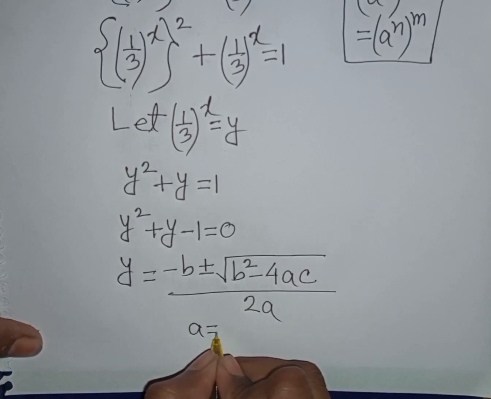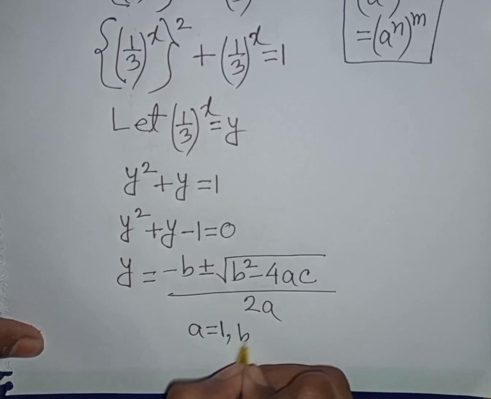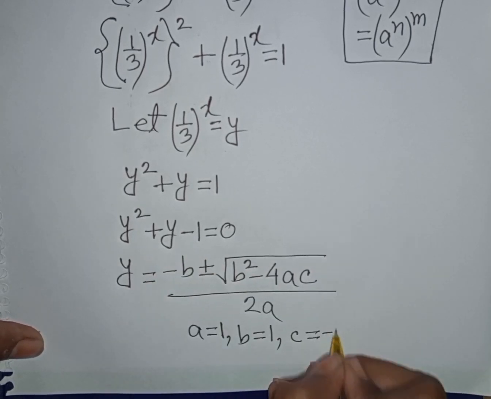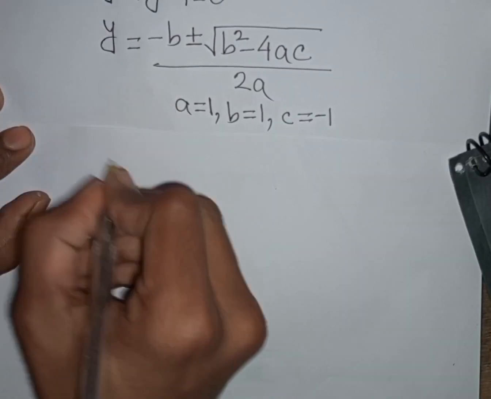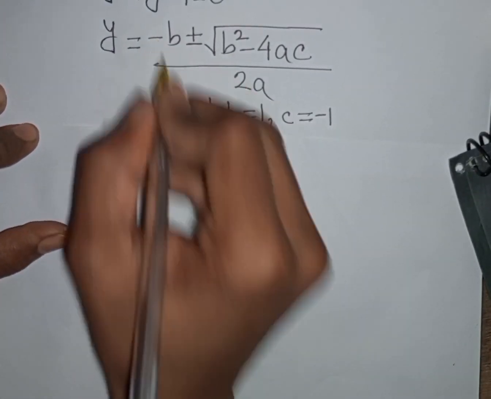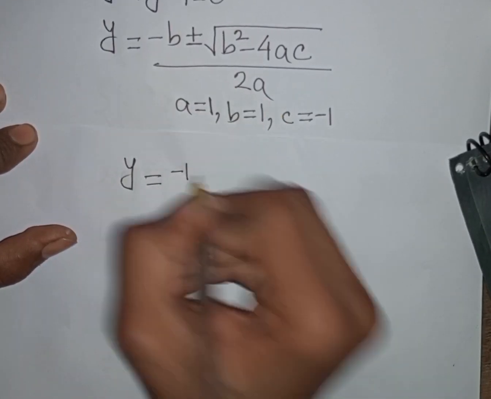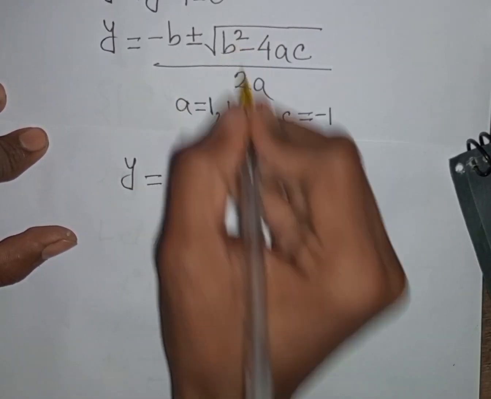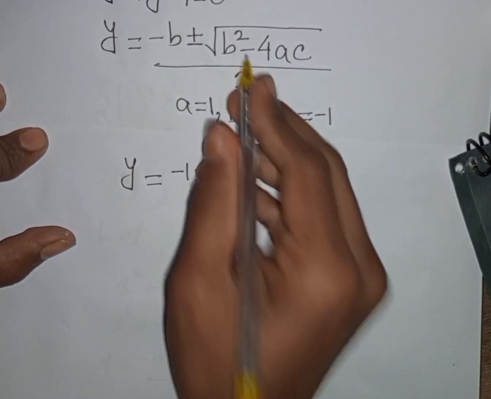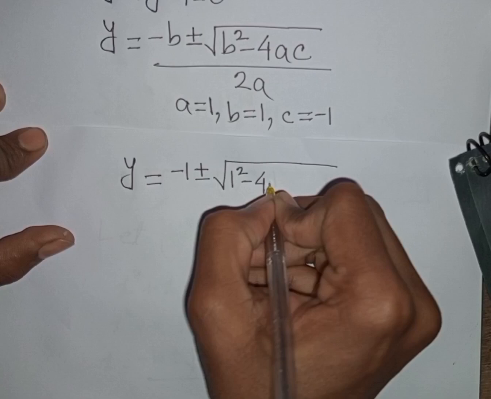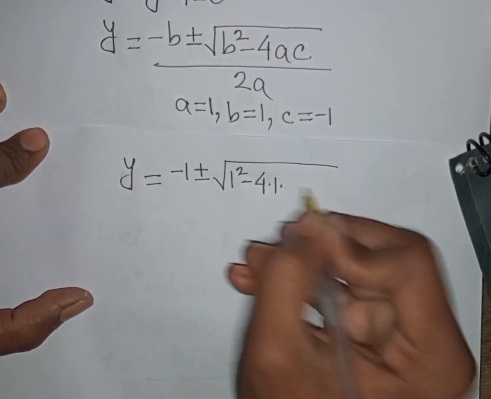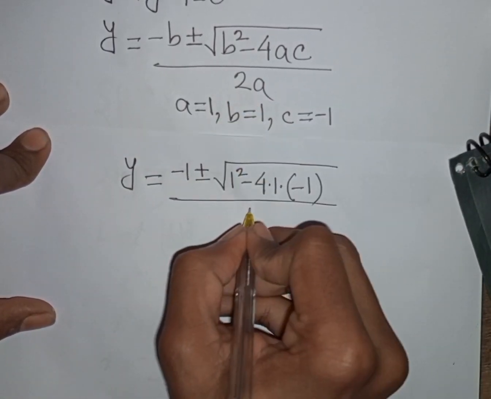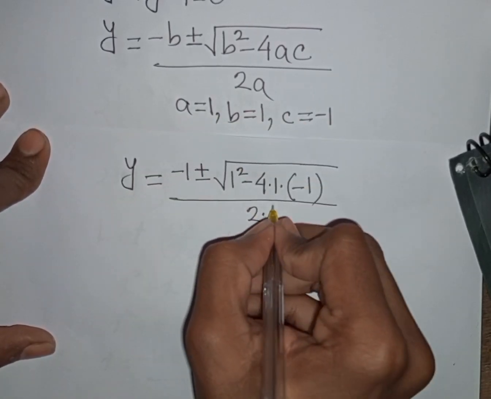Here a will be equal to 1, b is 1, and c will be equal to negative 1.